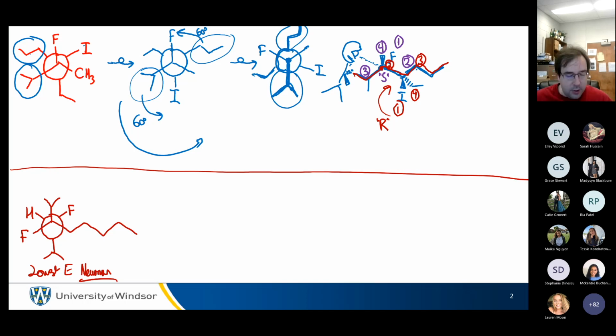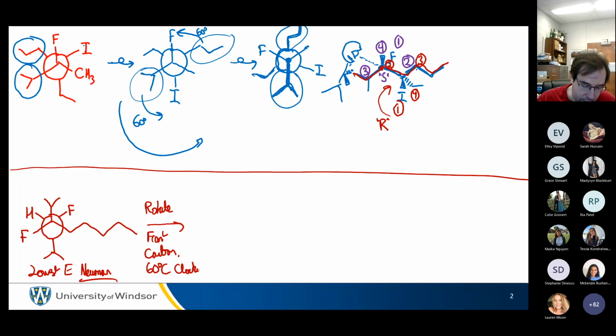So to do that, I am going to need to rotate the front carbon to unfold this properly. 60 degrees clockwise. So if I do that, no, that's not what I want to do.